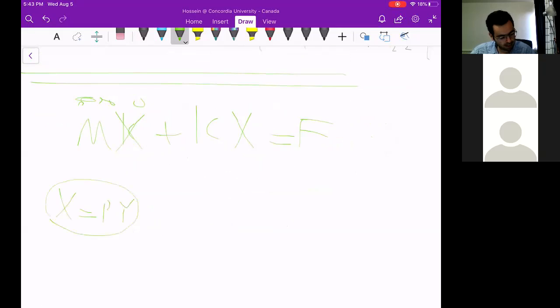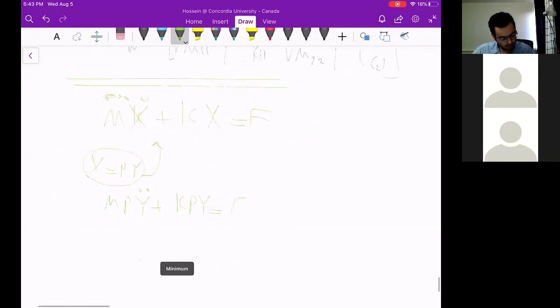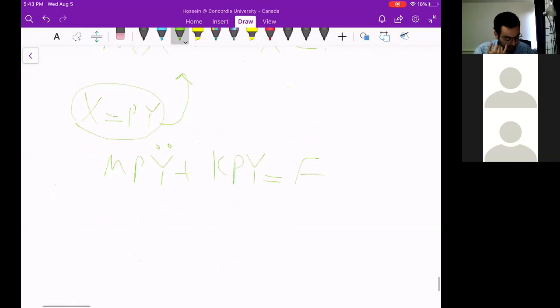If you plug it back in, you reach M P y double dot plus K P y is F. This is how you decouple if you are asked. F is not going to change; it's a simple transformation.